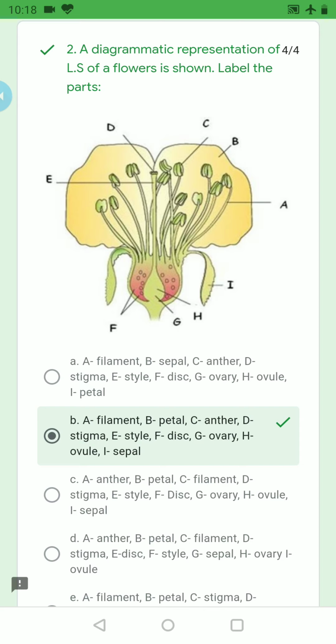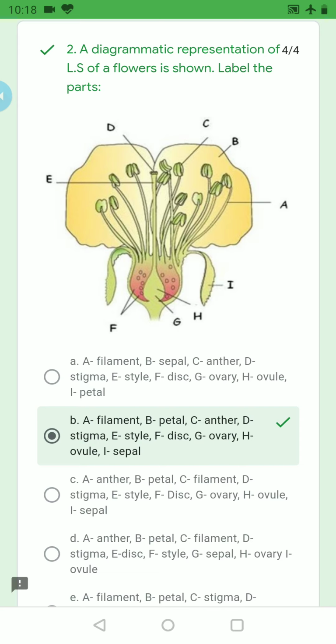For example, A is filament, B is the colorful structure, petal, C is anther, and D is stigma.